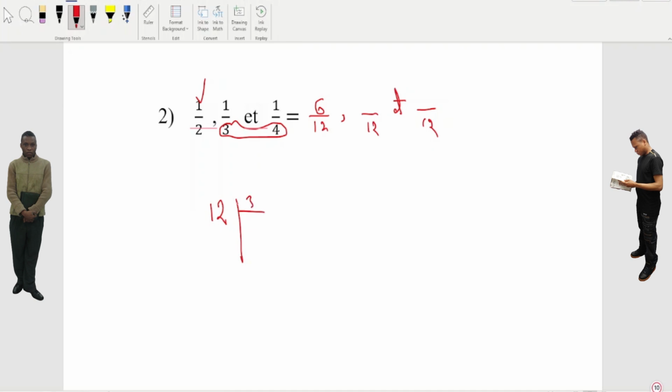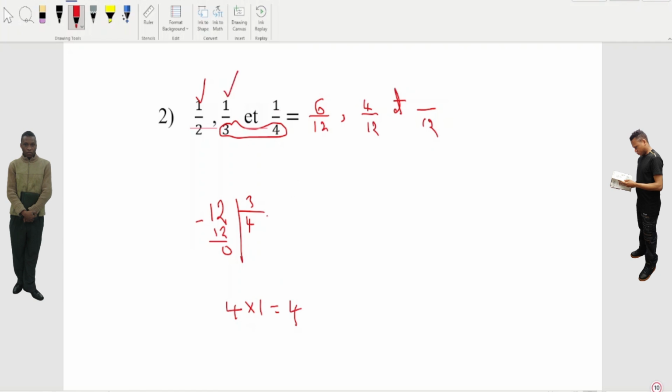Now 12 divided by 3 equals what? 4. 4 times 3 equals 12. And when we do minus, equals 0. This is what we got, 4. You see this 4 I put right here. 4 times this 1 equals 4. Okay, so this 4 is gonna go right here on the top. Okay, so this is part number 2.